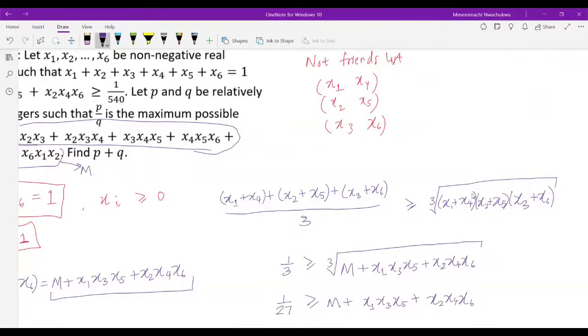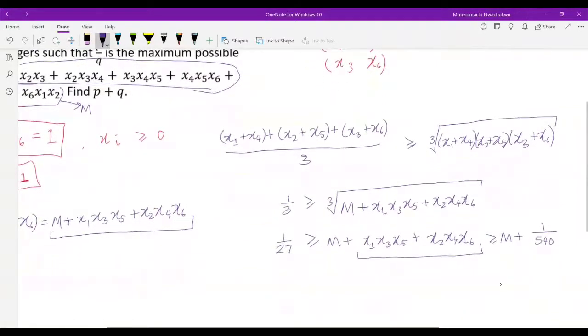Now don't forget, this is greater than or equal to 1 over 540. So this together is greater than or equal to M plus 1 over 540. We get that from the law of transitivity in inequality. So 1 over 27 is greater than or equal to M plus 1 over 540.